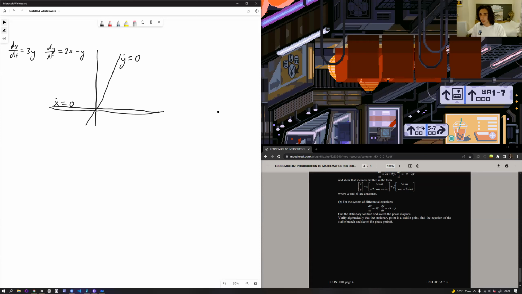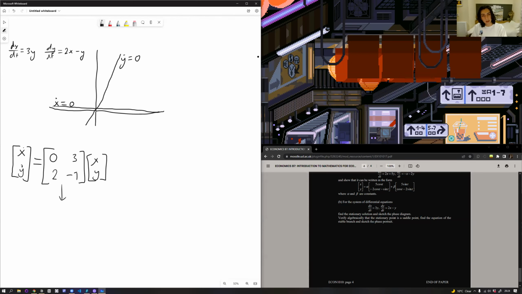So we also want to get the stable branch. We can do the following matrix equation: x dot, y dot, representing the derivatives, equals the matrix 0, 3, 2, negative 1 times x, y. You can get the equations in the same way by multiplying the matrix on the right side.